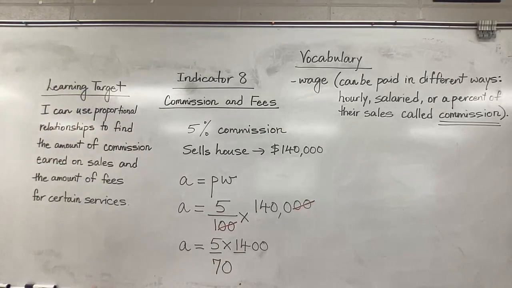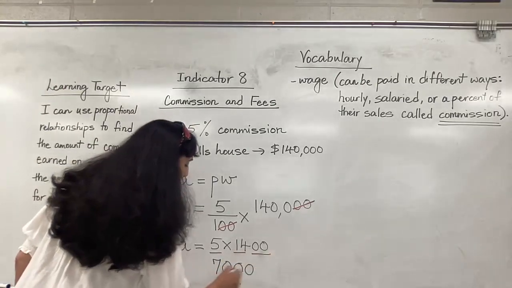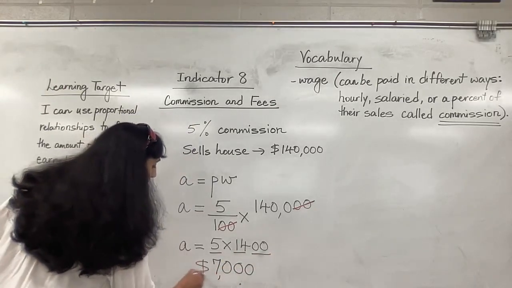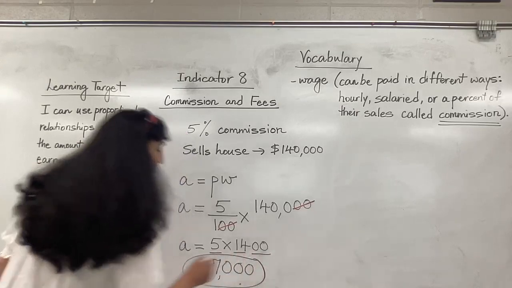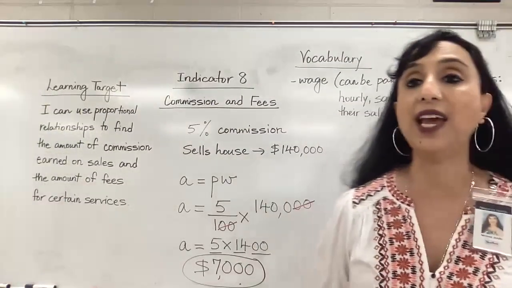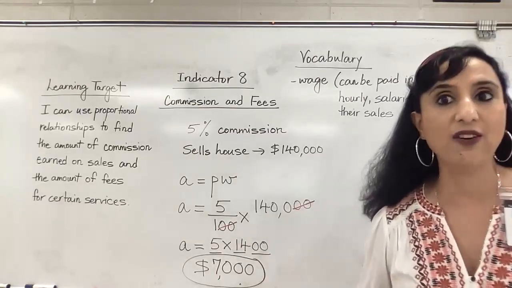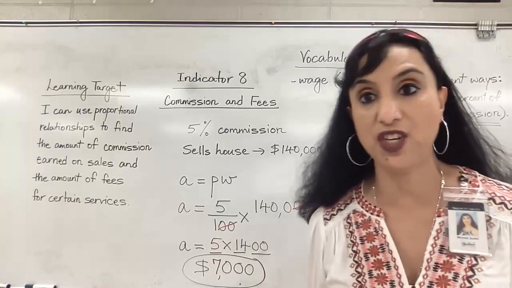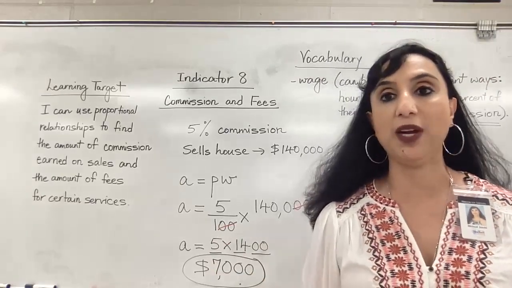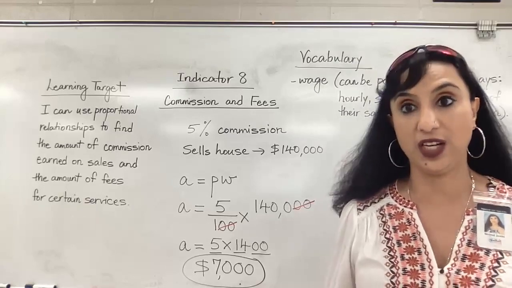So 5 times 14 is 70. And then I have these two zeros that I'm going to add on at the end. So the realtor is actually going to be making a $7,000 commission on the sale of that one house. So think about it: the more the value of the house, the more commission the realtor is going to get, because 5% commission is pretty good.